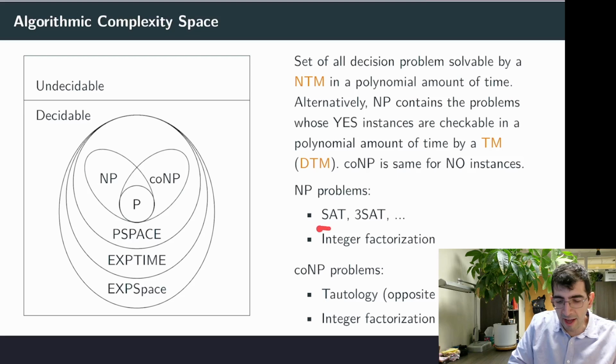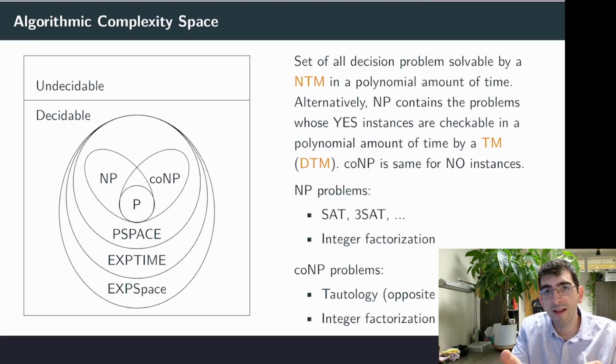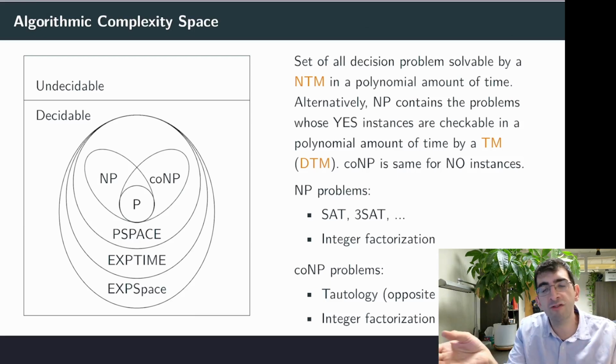Let's think back to SAT. If there's a yes instance, it gives you a truth assignment, it says, yes, here's the truth assignment that evaluates to true. That's very checkable, right? You just have to plug that truth assignment into the equation and deterministically check if it says yes or no. What if the non-deterministic Turing machine gives you back a no?